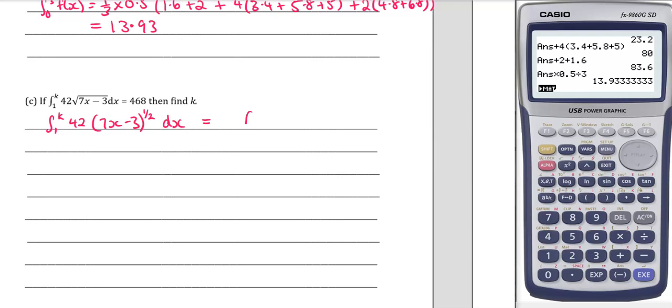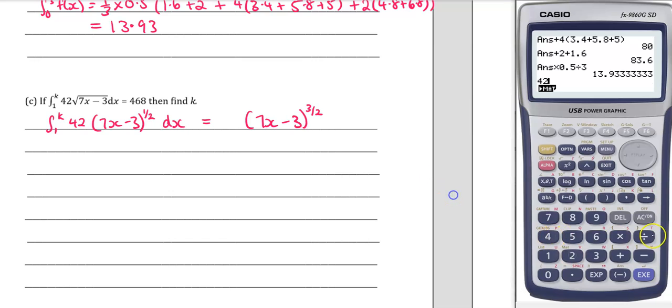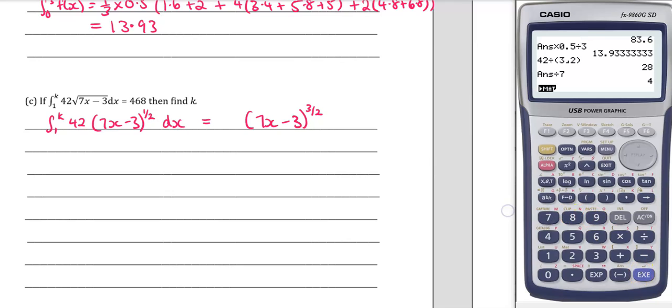We start by increasing that power by 1, so that'll be 3 over 2. We divide by the new power, so 42 divided by 3 over 2. But we also need to divide through by the derivative of the inside, the 7. So we're going to end up with a 4 here.